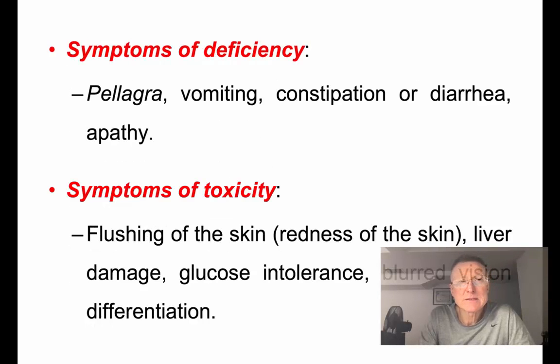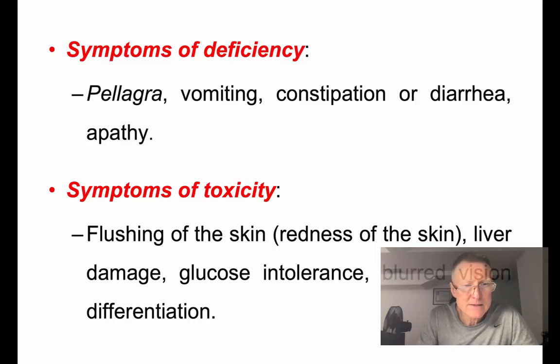Symptoms of deficiency include pellagra, those 4 Ds that we mentioned before, but also vomiting, constipation or diarrhea, and apathy. Given the complexity of functions that this vitamin has, it can really have devastating effects if you're deficient in it.